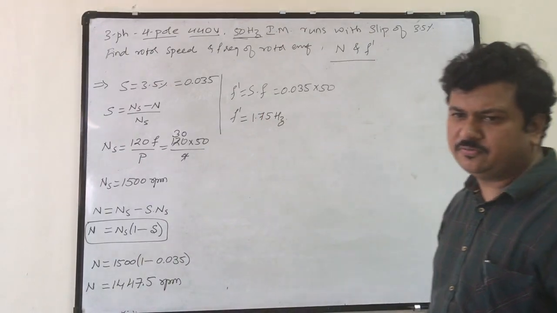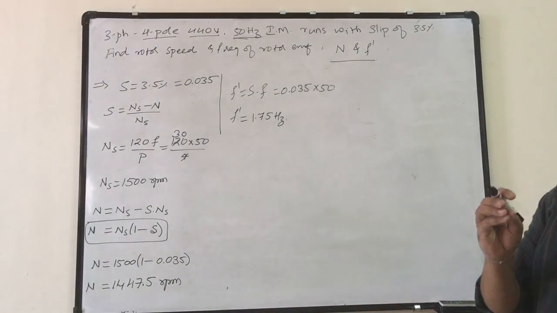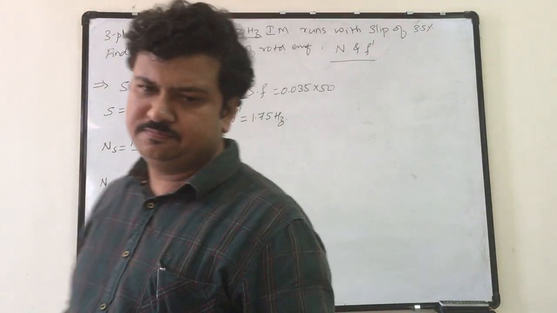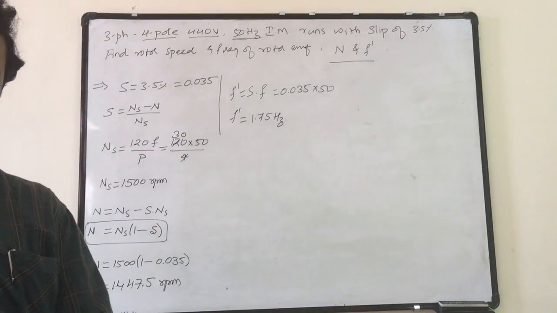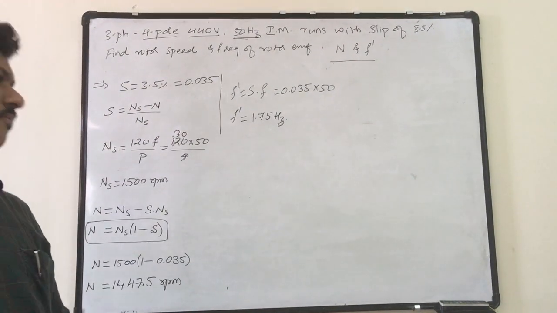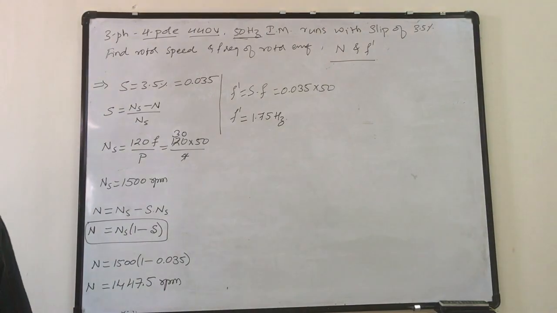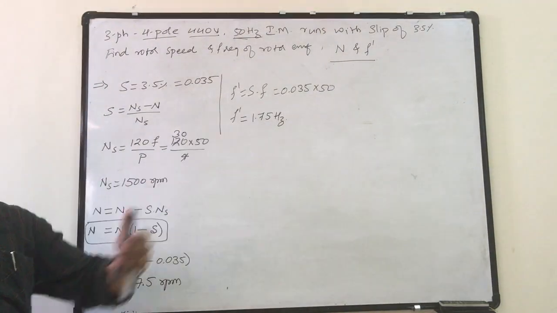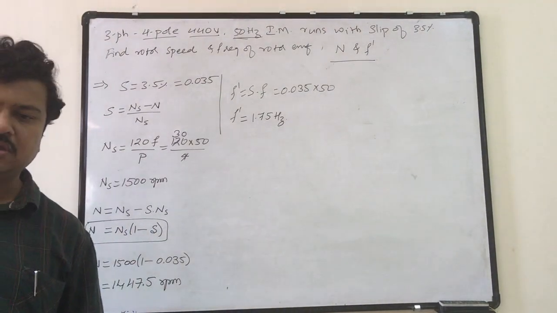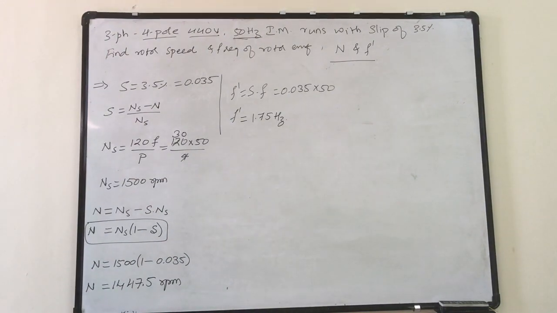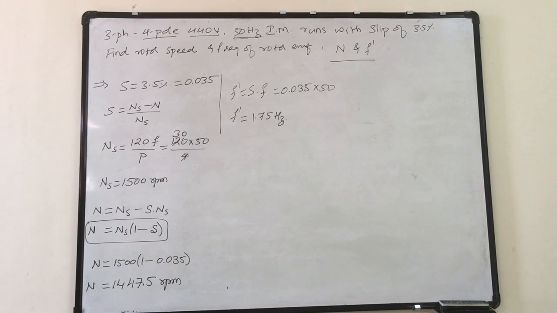So the frequency of rotor induced EMF and current will be very low, because of the small relative speed between the rotor and the rotating magnetic field. So this is the solution.